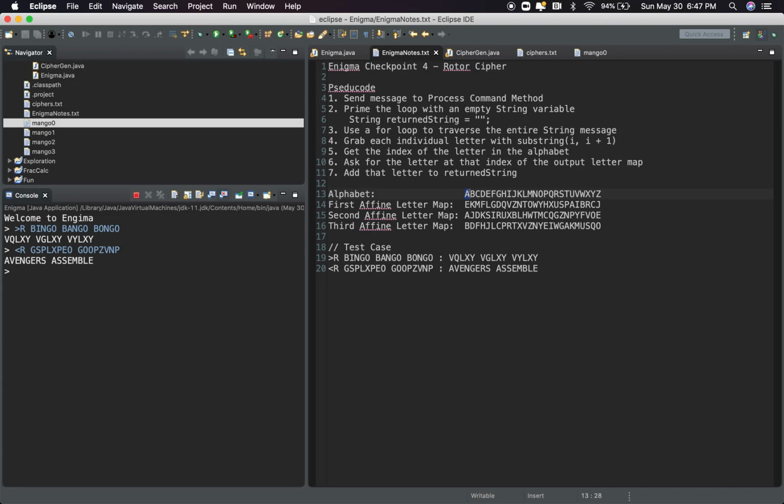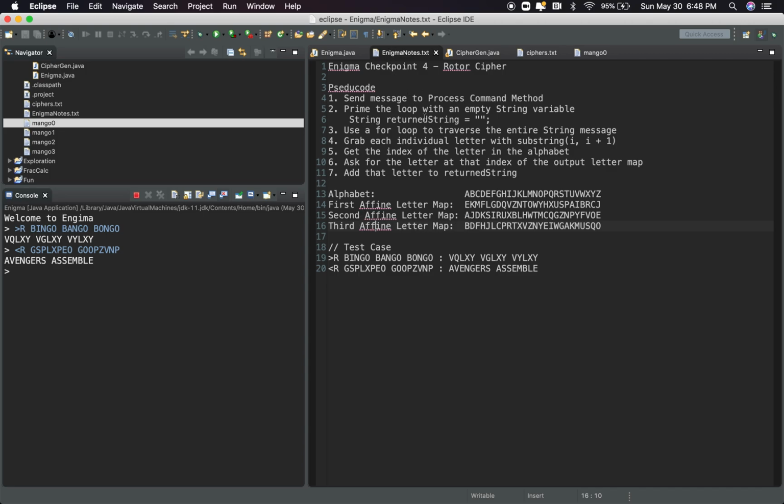So the idea is, if you have a method that is your affine cipher method that can take a letter or a message and move it through one letter map, you can actually just call that method 3 times if you like, moving a letter through for encryption. What you do have to be able to do is go the opposite direction for decryption. So you got to be able to specify, when I'm encrypting, go through letter maps 1, 2, and 3. When I'm decrypting, we go 3, 2, 1.